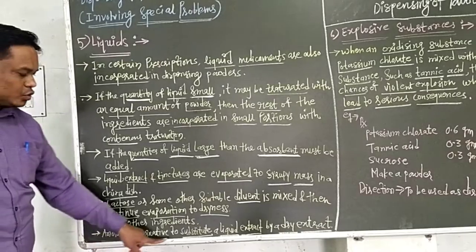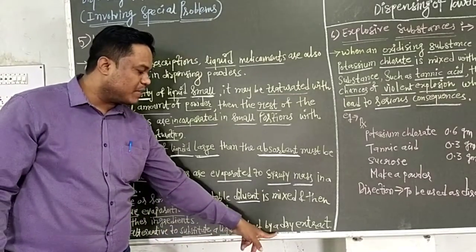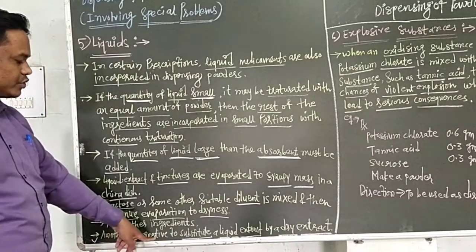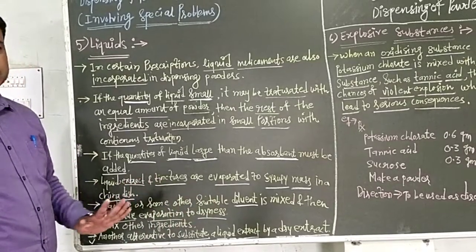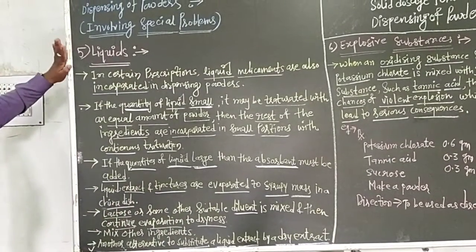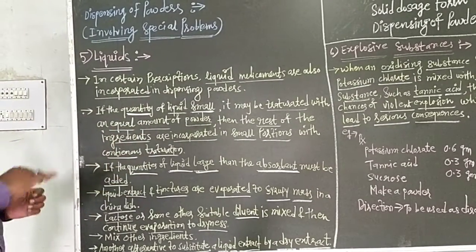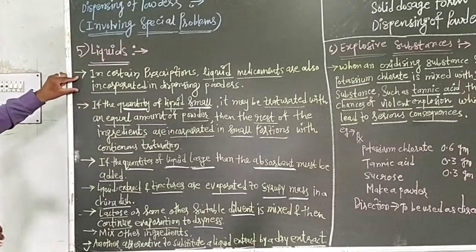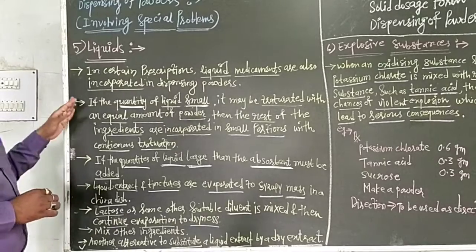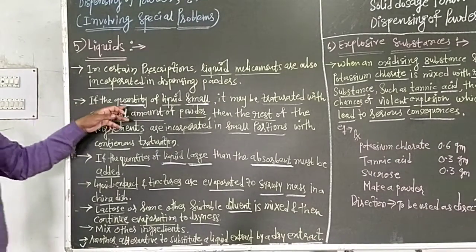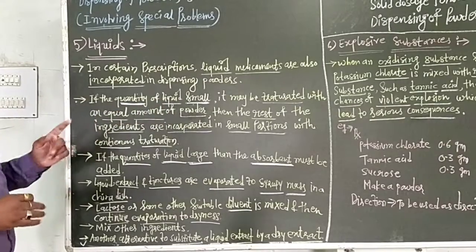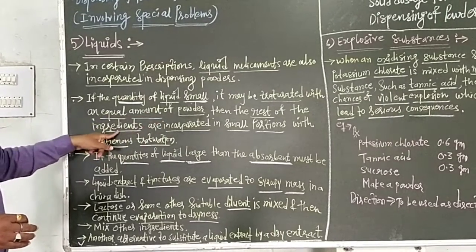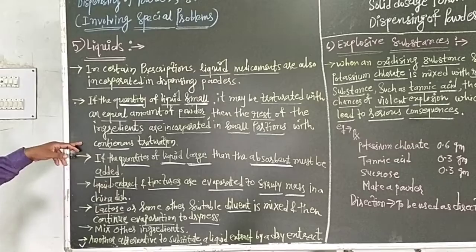Another alternative is to substitute a liquid extract by a dry extract. So in liquids, we have seen dispensing of powders involving special problems. If the quantity of liquid is small, first saturate with an equal amount of powder, then incorporate the rest of the ingredients in small portions with continuous saturation.